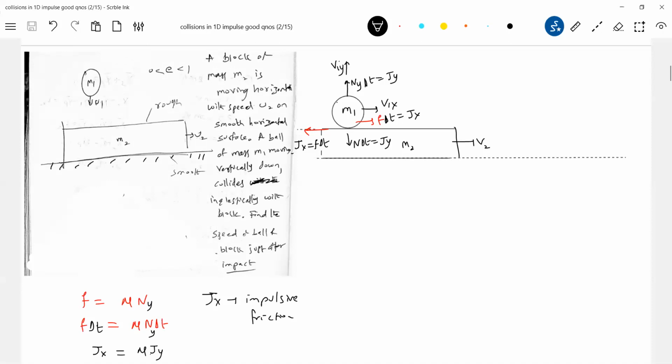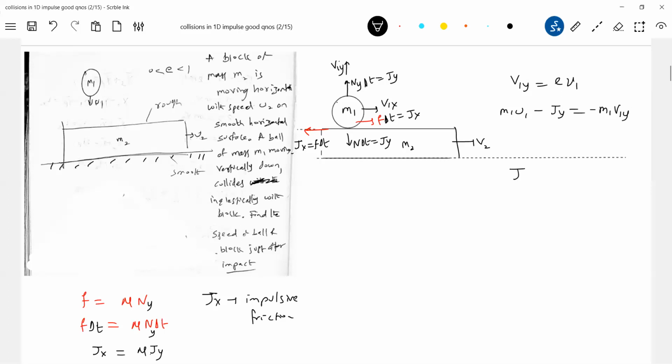What is v1y? v1y should be equal to e u1. Yesterday we have seen this. So now we know v1y. Can we calculate Jy? What is the impulse momentum equation? m1 u1 minus Jy equals minus m1 v1y. Why the negative sign? Because v1y is opposite to the initial momentum.